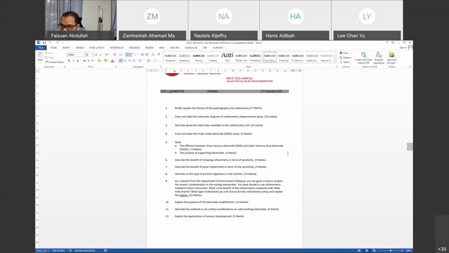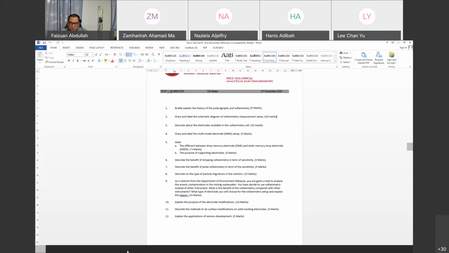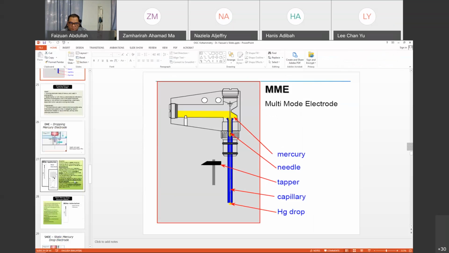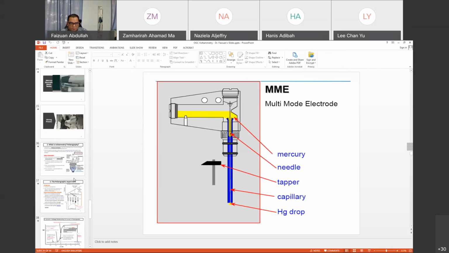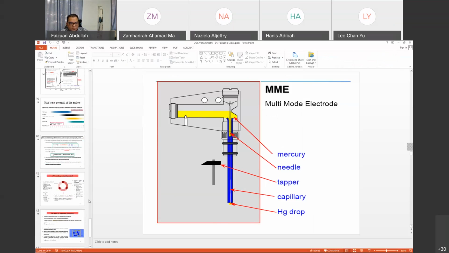Tak dengar. It avoids the migration of the ion of analyte so that the charge does not go away. Okay, siapa nak bantu tambah?